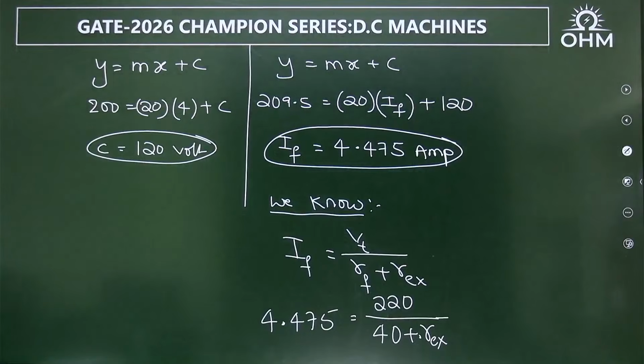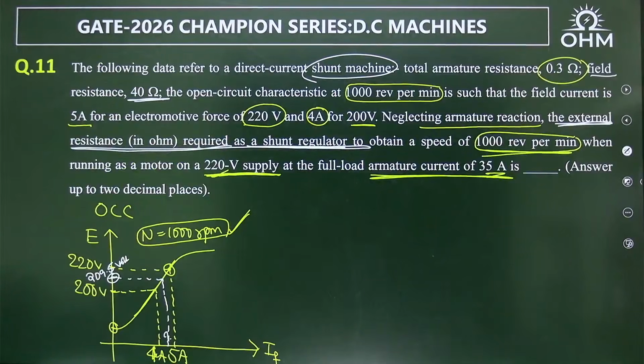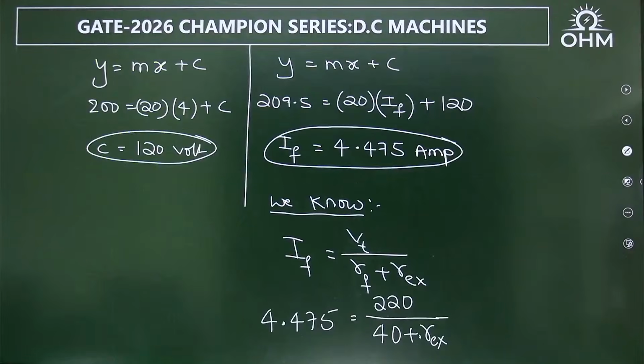Do you understand? If I don't add that extra resistance, the field current would have been 5.5. But to get the exact speed and to match the information, the field current must be 4.475. So what is the extra resistance I have to add? Come on. 9.162. We need up to how many decimal places? 2 decimal places. 9.16.